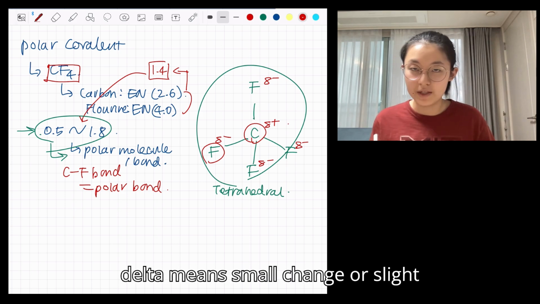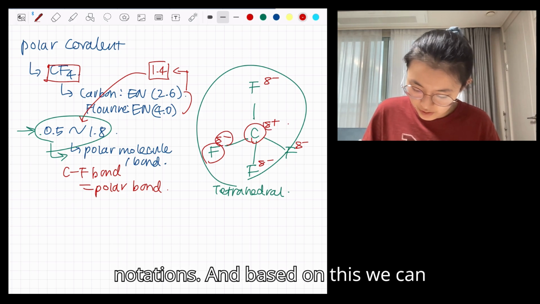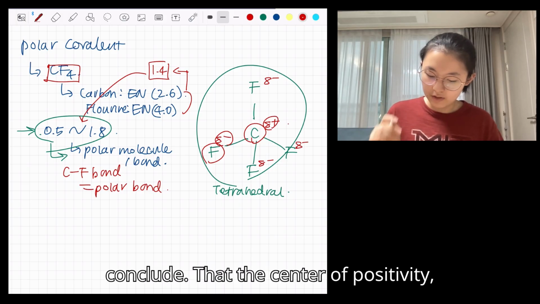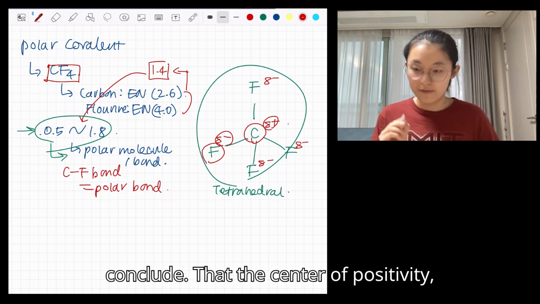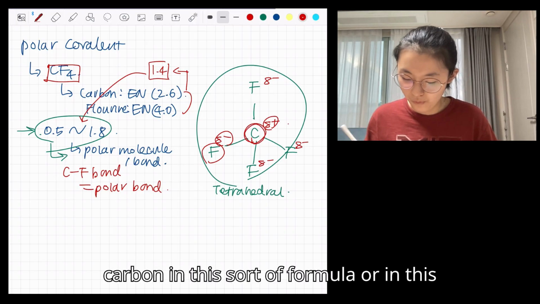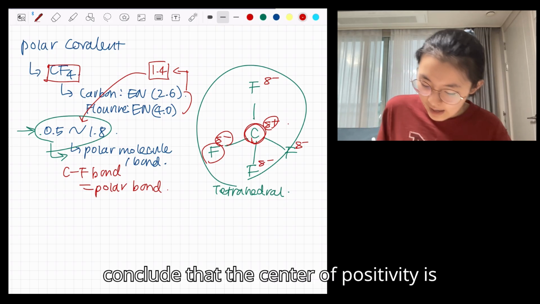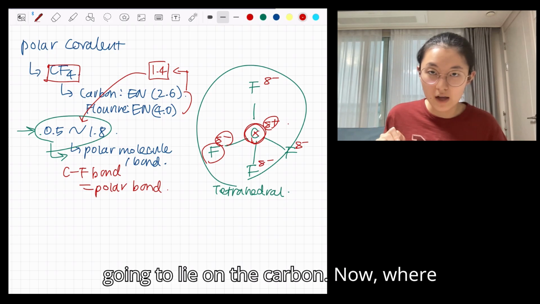By the way, the delta means small or slight change, and these are the notations. Because the center of positivity is generally represented by carbon in this molecular geometry, it lies on the carbon.